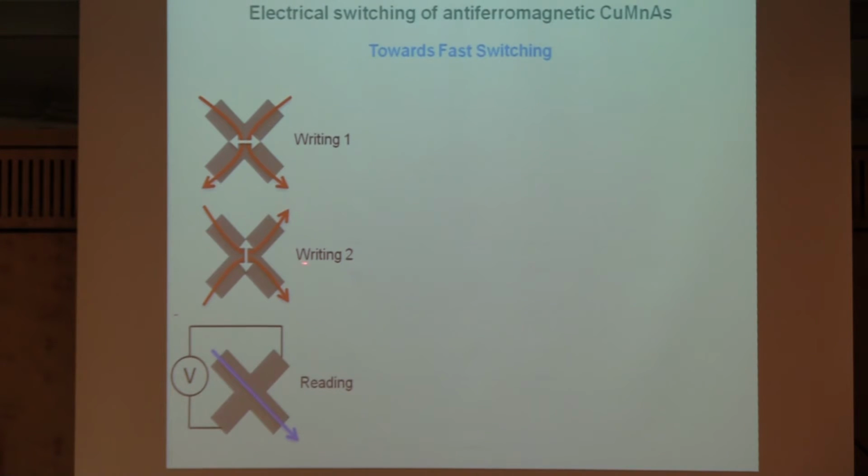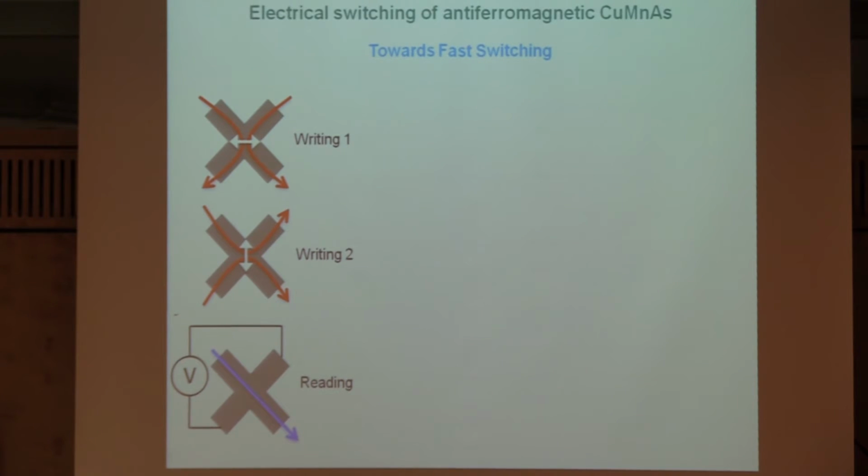You have in principle current lines which are rotated 45 degrees to your cross structure. And on the other hand, you can then use the cross structure itself as the detector, by having this 45-degree rotated arrangement to be able to measure the transverse AMR.